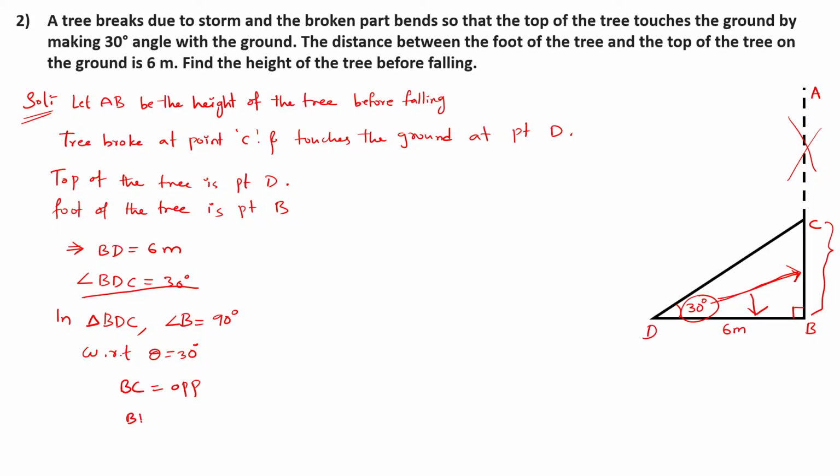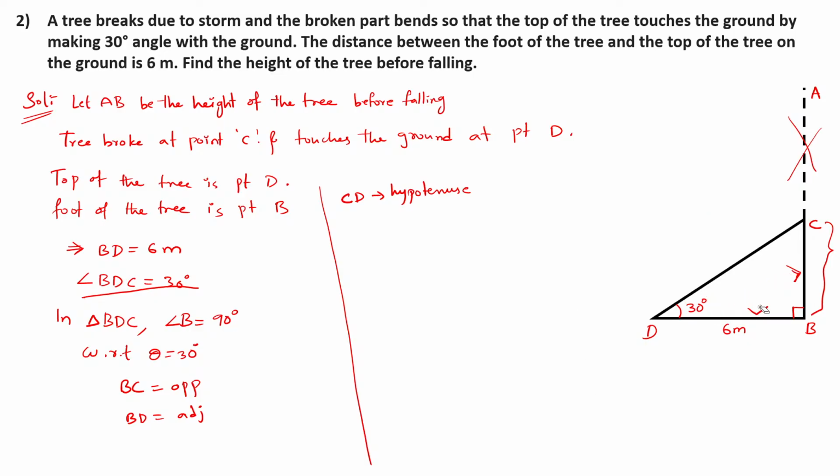Next, BD is the adjacent side, and CD is the hypotenuse. So we named all three sides of a right angle triangle. Now let us apply the trigonometric ratios.